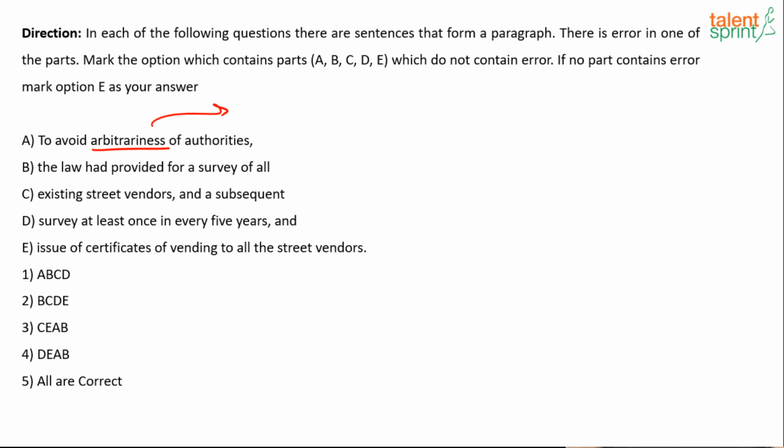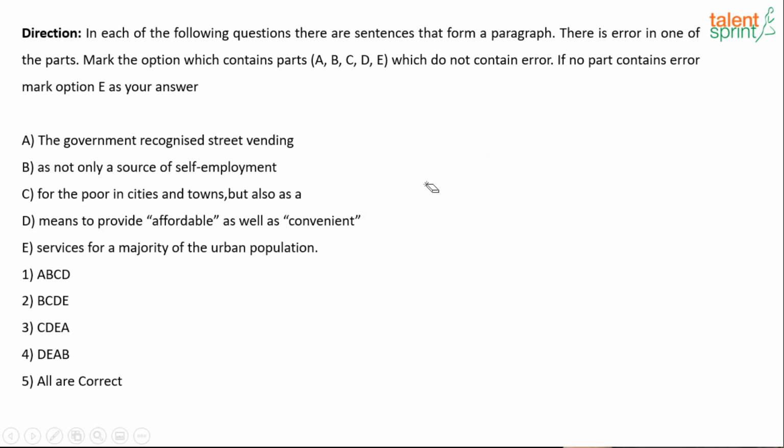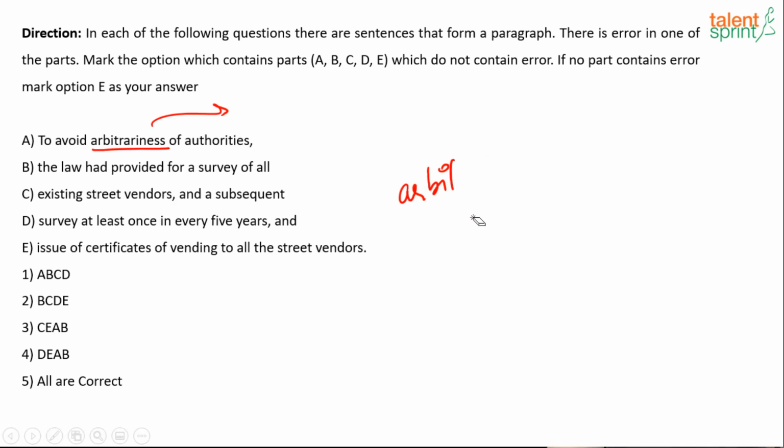All right. So let's start with what the word arbitrariness means. Okay, so we will first discuss what the word means, and then we will move further. So let's discuss what the word arbitrary means. I think we have discussed this word before. Okay, so arbitrary means it's just based on personal whim.